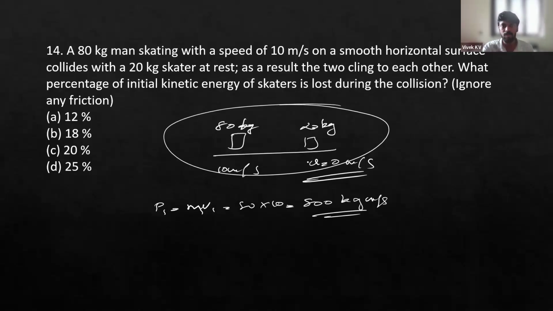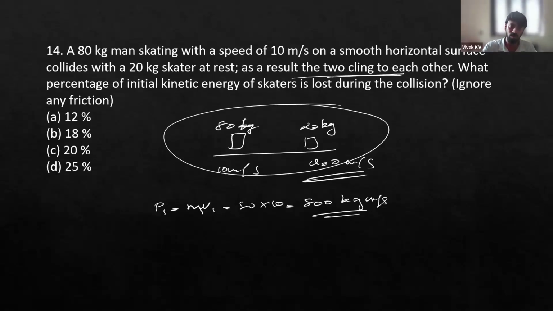They cling to each other, meaning they stick together. On sticking, total momentum should be conserved. So the initial momentum before collision should be equal to the momentum after collision. Let me take P2 as the momentum after collision. That will be equal to (m1 plus m2) into final velocity v.